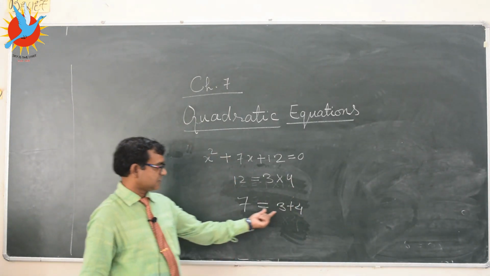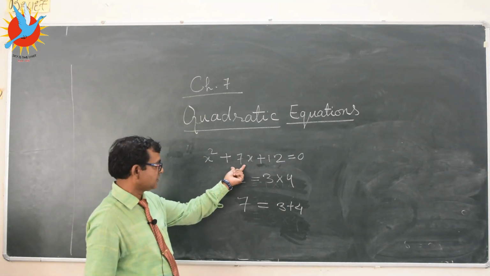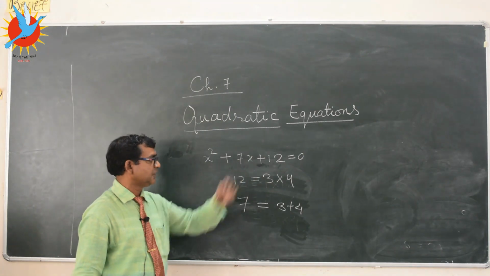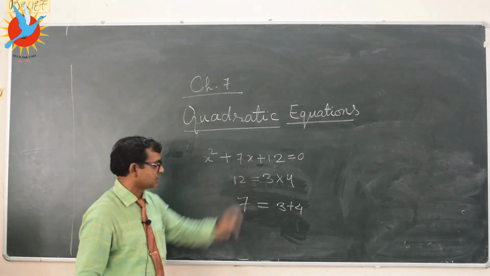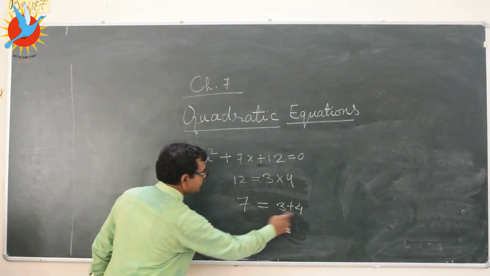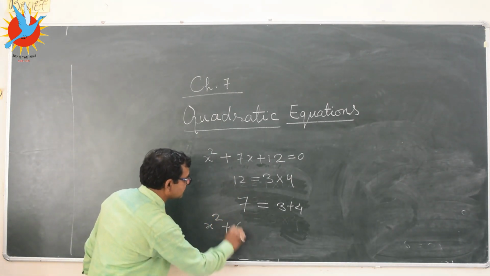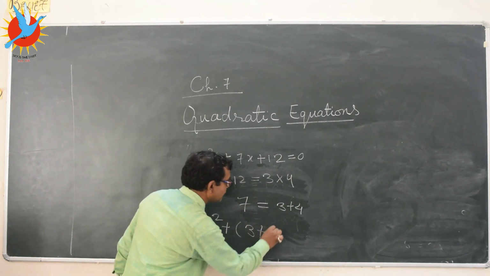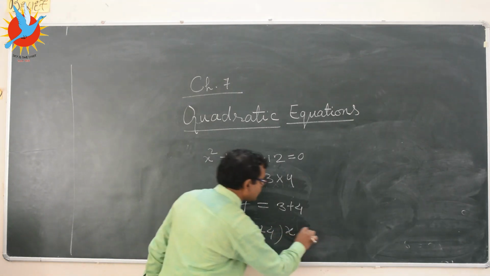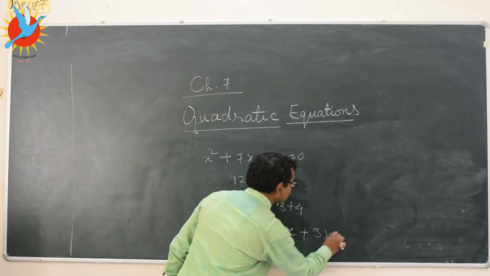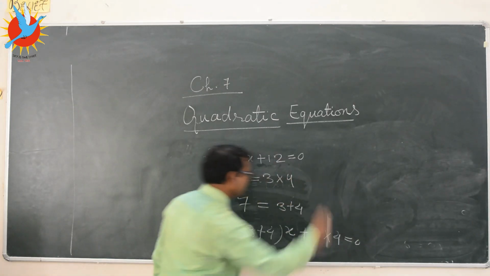Put 3 plus 4 at the place of 7. We can split this middle term and we will be able to solve this quadratic equation. So we get x square plus 3 plus 4 into x plus, at the place of 12, we can write 3 into 4, equal to 0.